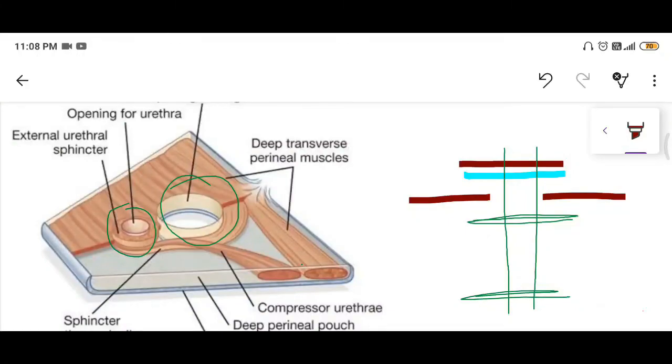So for the time being, the male has the membranous urethra, deep transverse perineal muscle, and bulbourethral gland, and the female has the urethra as well as the opening for the vagina, deep transverse perineal muscle, and doesn't have any gland.